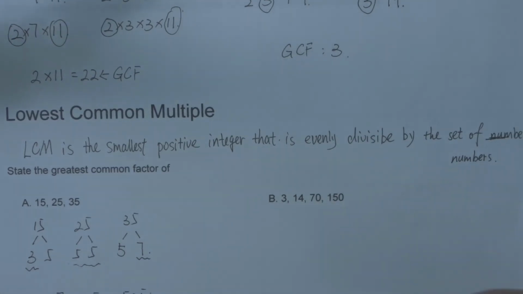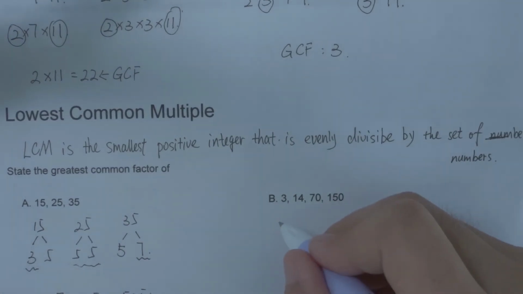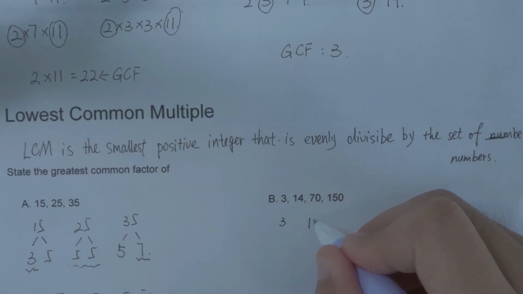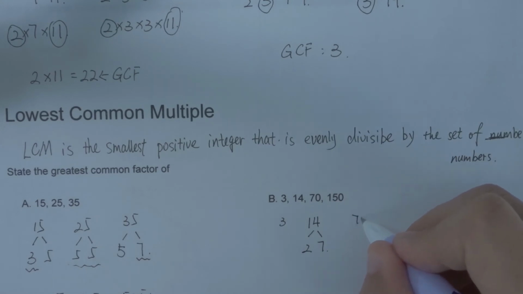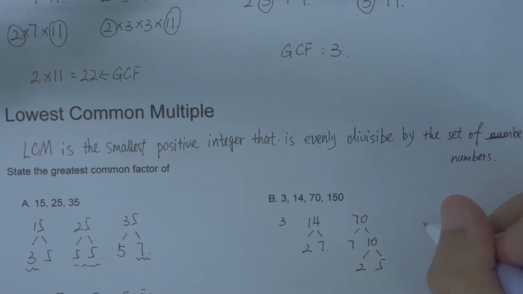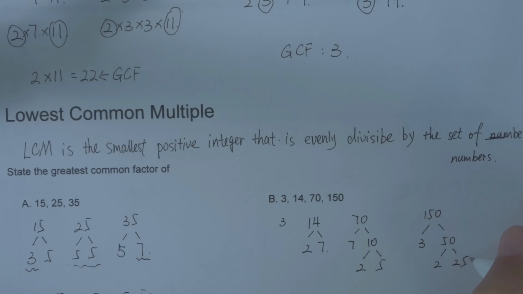Now for B: 6, 14, 70, and 150. 14 we can break into 2 and 7. 70 we can break into 7 and 10, and 10 we can break into 2 and 5. And 150 we can break into 3 and 50, and then 2, 25, and 5 and 5.